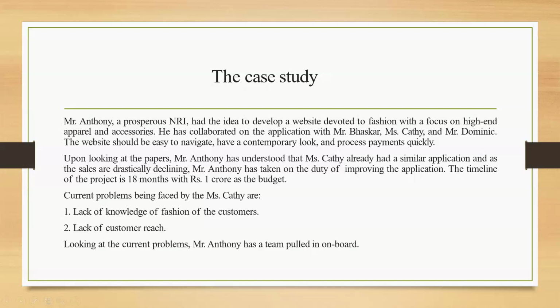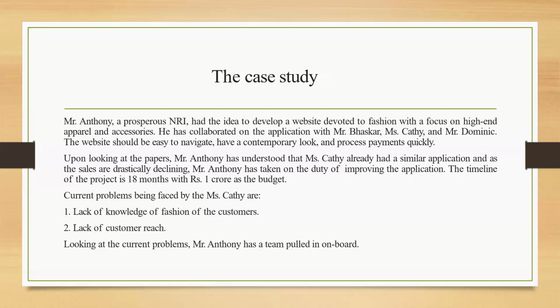Mr. Anthony is a prosperous NRI who wants to develop a website related to fashion in order to sell apparel and accessories. He has collaborated with a team to develop an application so that the website is easy to navigate and has a contemporary look.